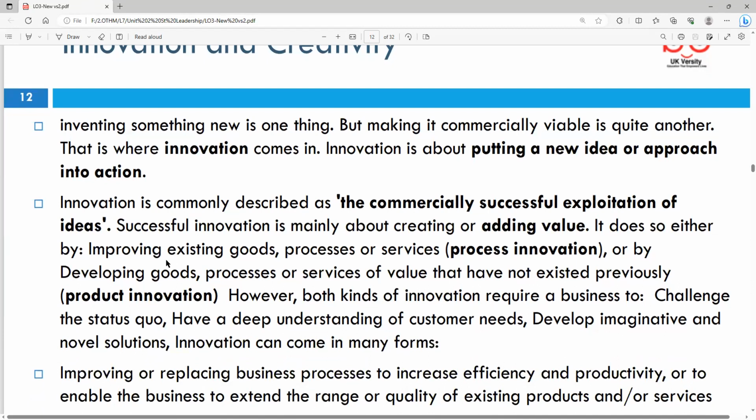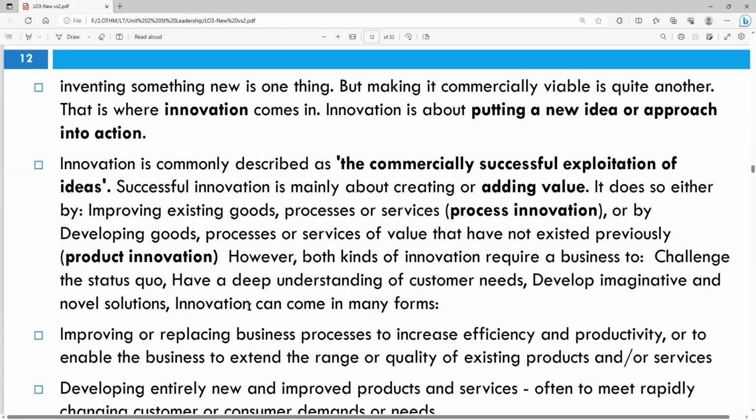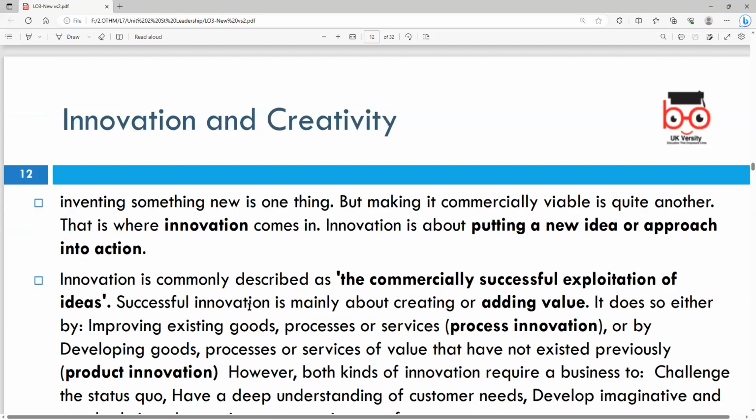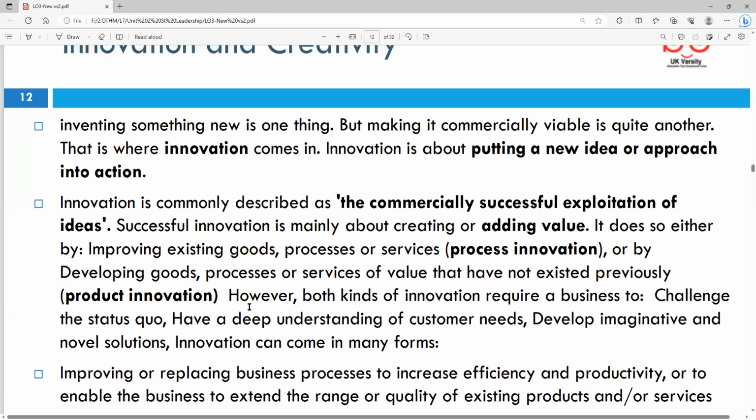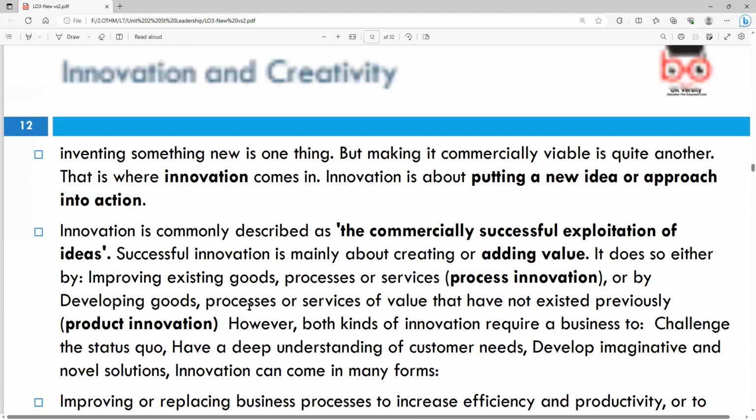Successful innovation is mainly about creating or adding value, through product or process innovation, or developing new products and making sure that value is added. That is very important when we look at organizational efficiency: new ideas, new approaches to innovation and activity.